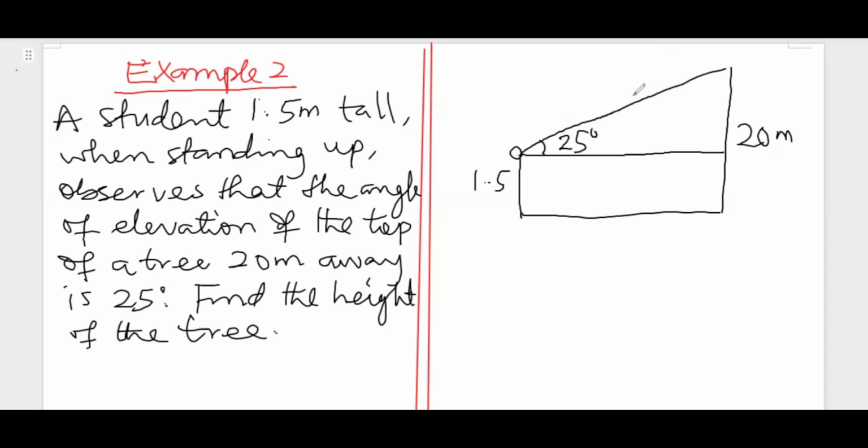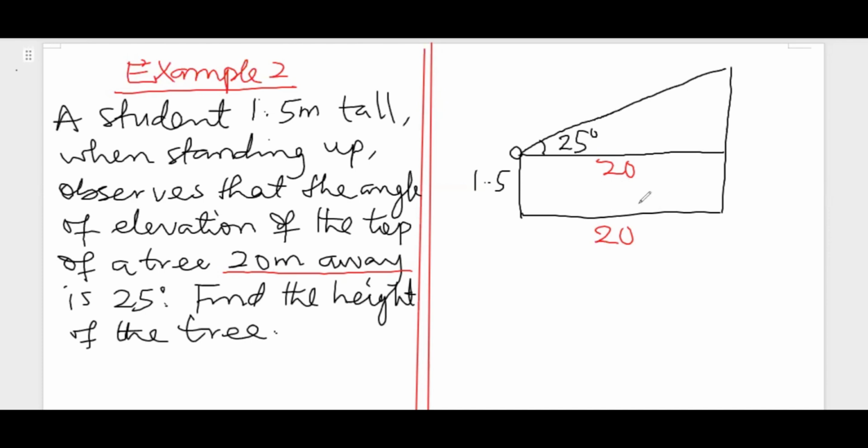So we have to find the height of the tree. The gap between the observer and the tree is the horizontal distance. That's what we are given, which is this one, or you put it here. And of course, if you look at the shape down here, it's a rectangle, and opposite sides of a rectangle are equal. So you can put it there.